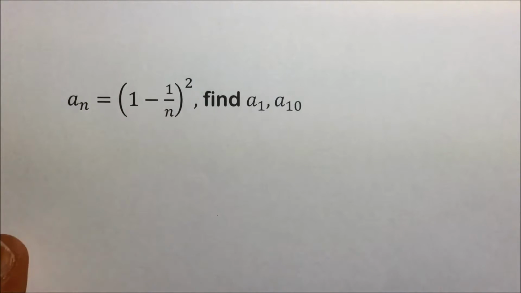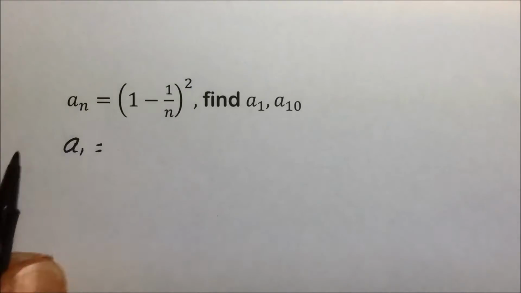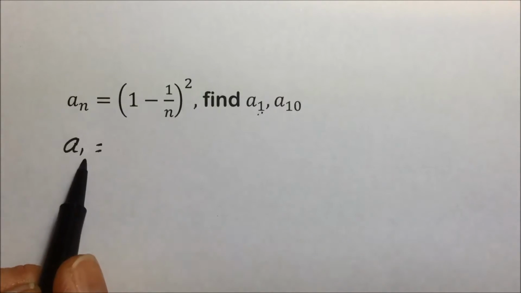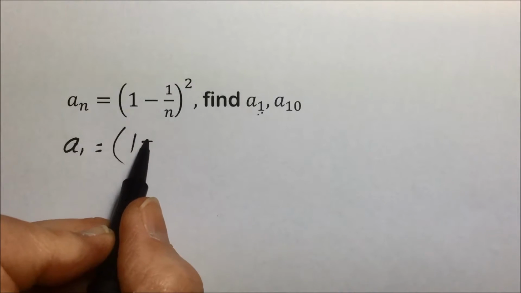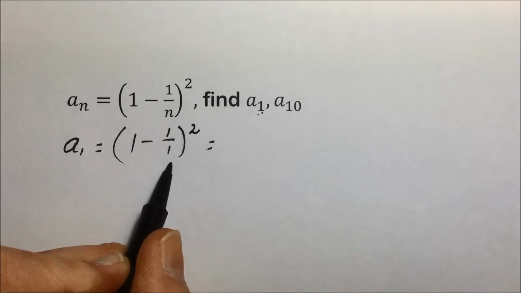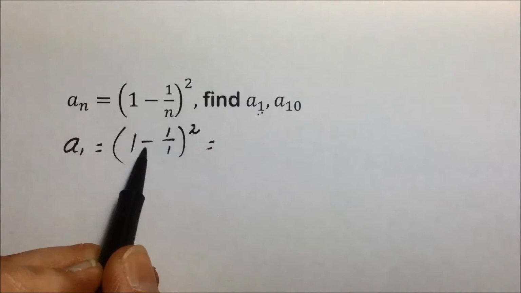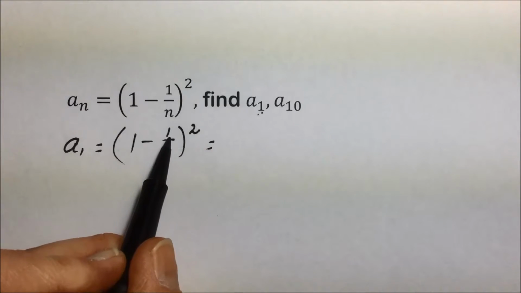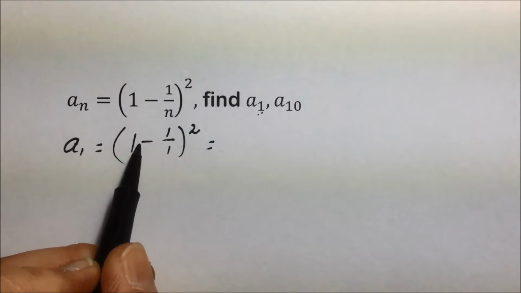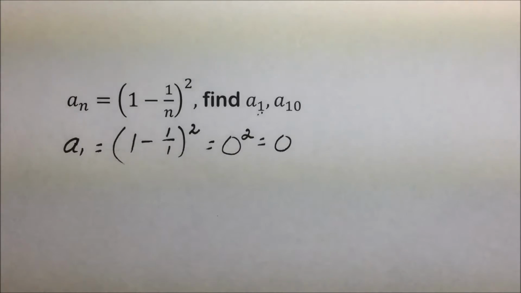Here we have a little more complicated rule for a sequence. They're asking us to determine the first term of this sequence, and they're indicating that with a subscript of 1, so we will replace n with 1 and simplify. Following order of operations, we simplify inside the parenthesis first. Division has priority over subtraction. 1 divided by 1 is 1. 1 minus 1 is 0, and 0 to the second power is 0.